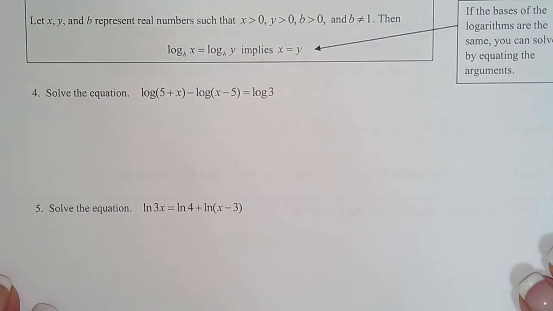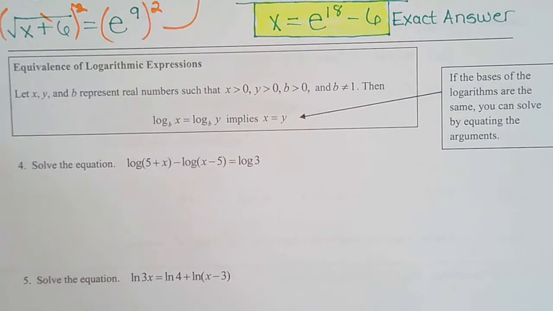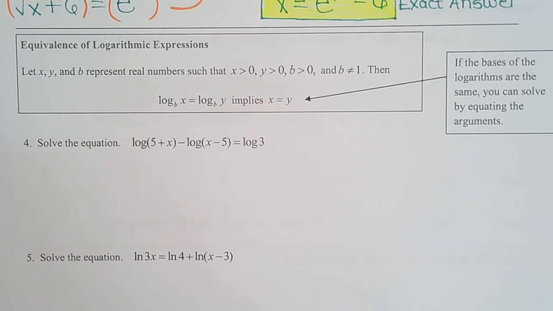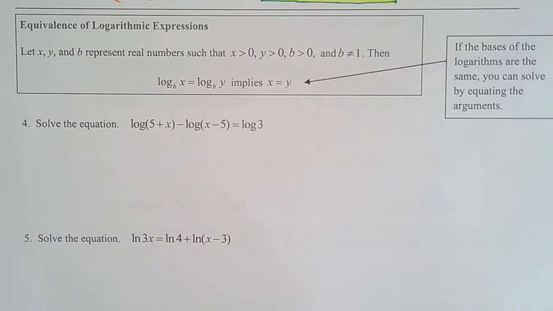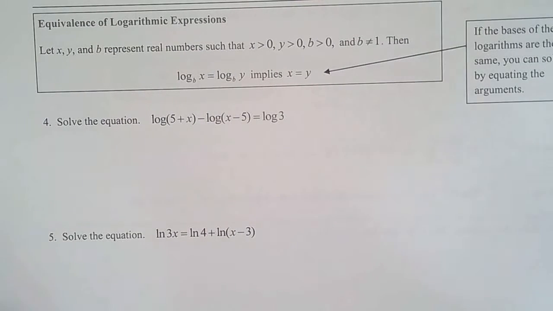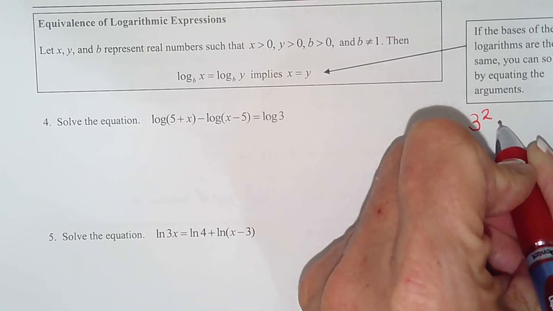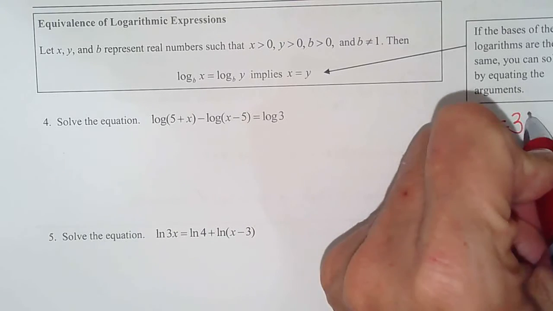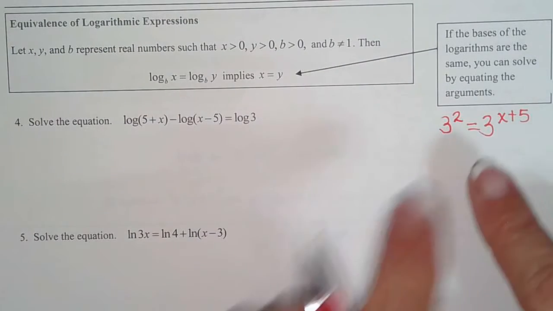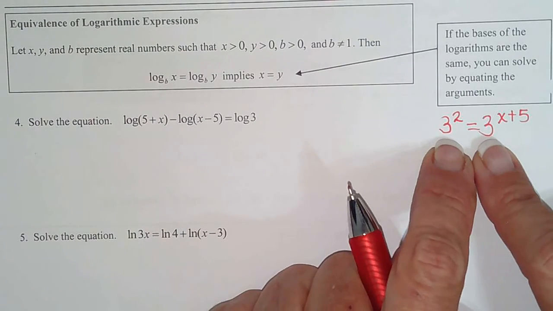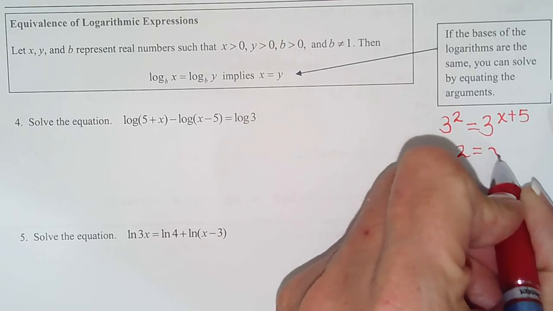So this is the equivalence of log expressions, and we have the same expression in exponentials. We're going to learn in the next section that if we have 3 to the 2 equals 3 to the x plus 5, let's say, if the bases are the same, you can solve by equating the exponents.